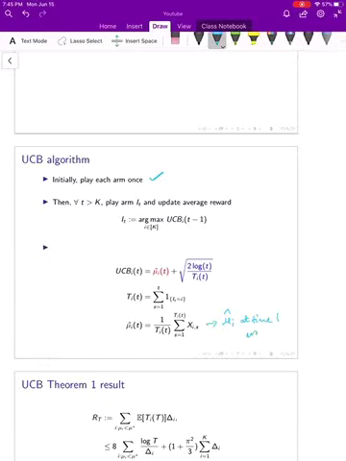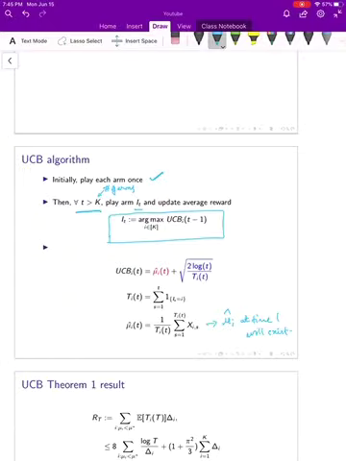Then for all time greater than K, since we have K arms, the number of arms, it plays an arm I_t, where it is defined to be as this quantity.